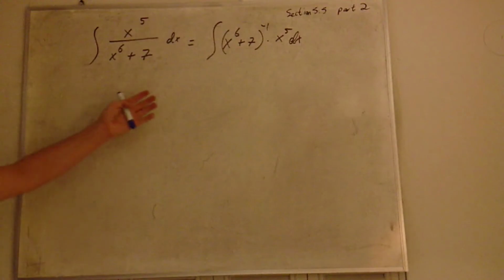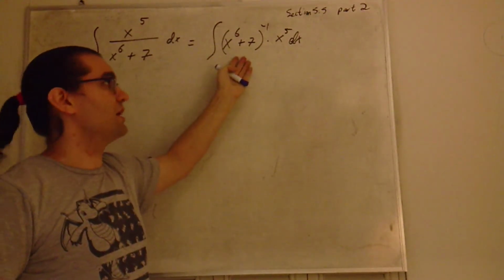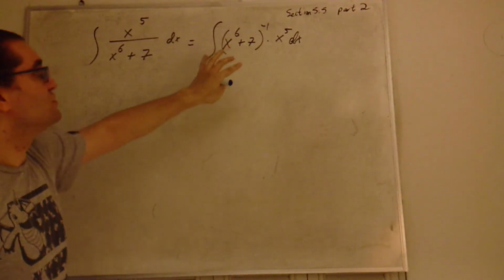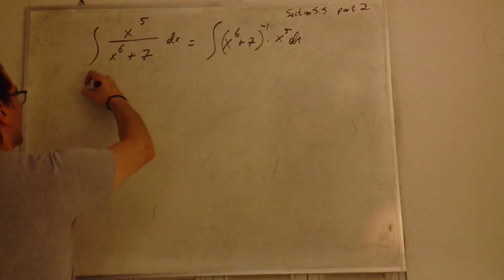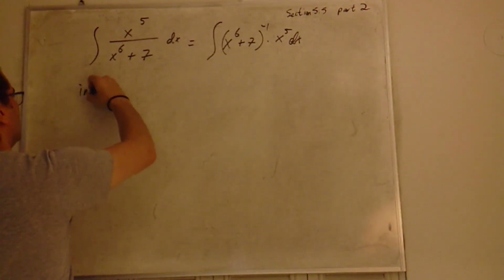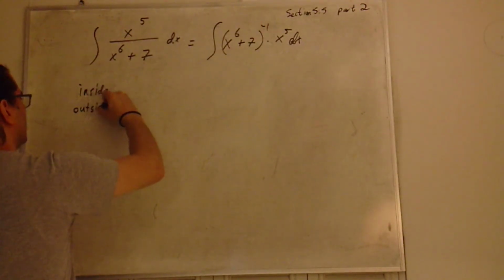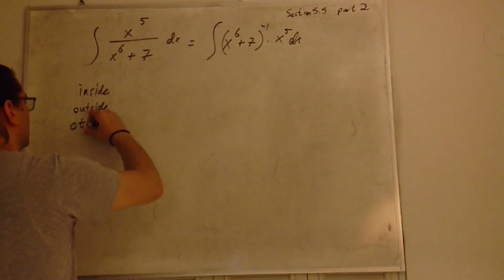So now there's no division involved, and at this point hopefully it's pretty easy to see why this is a composite function in the first place. So from here we can move forward with the identification plan. We need an inside, we need an outside, and we need an other.